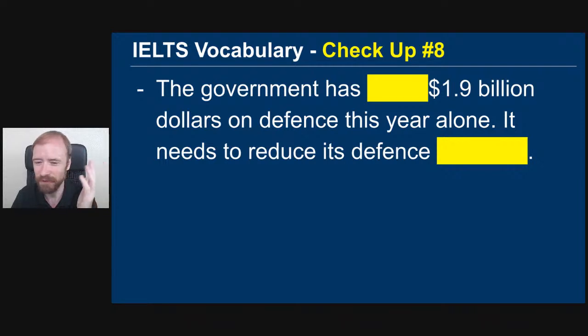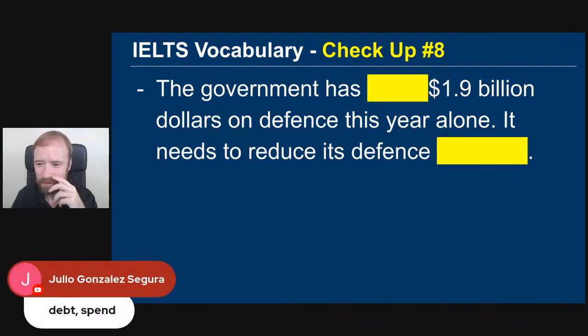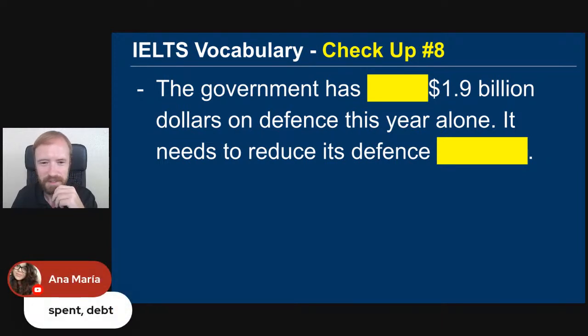What's the verb? Spend. Has spent, okay. The government has spent $1.9 billion on defense this year alone. Okay, I like that. It needs to reduce its defense debt. That could work.